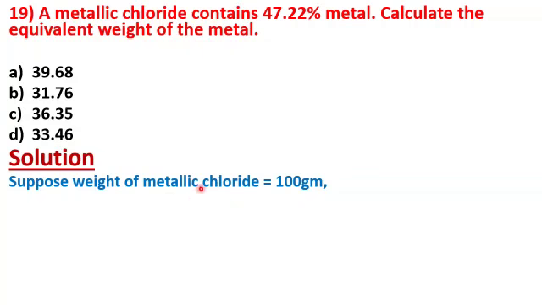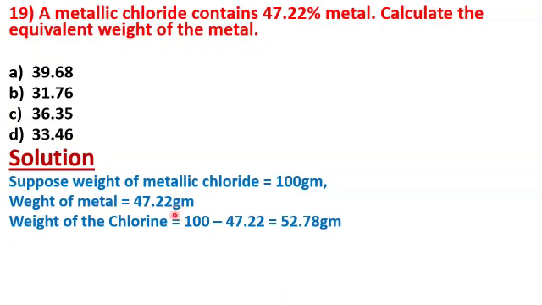Suppose weight of the metallic chloride is equal to 100 gram, then weight of the metal will be 47.22 gram. Then weight of the chlorine we can calculate, 100 minus 47.22, that is 57.78 gram.